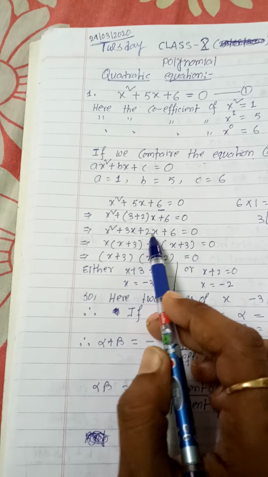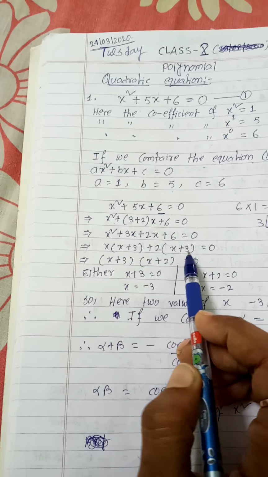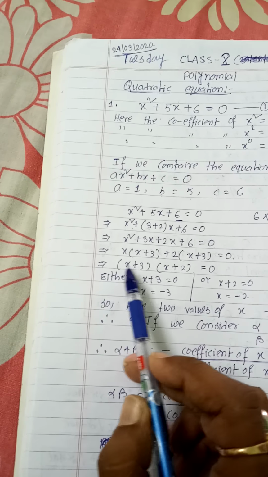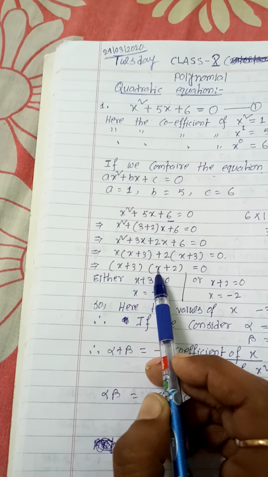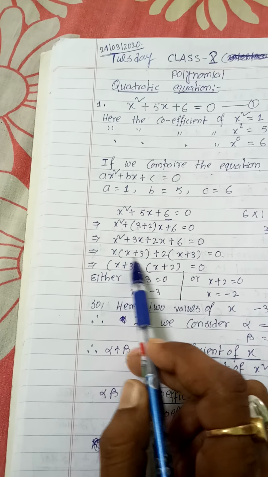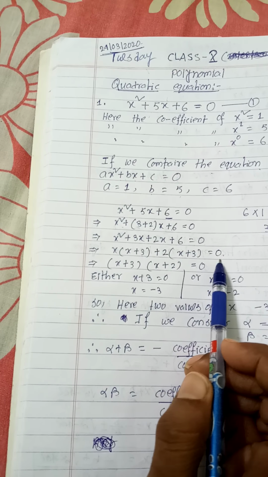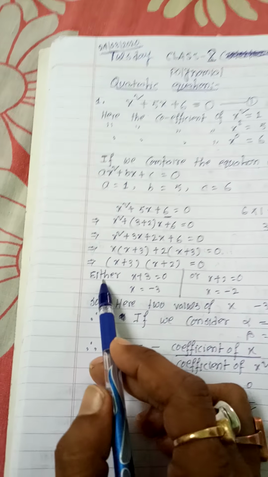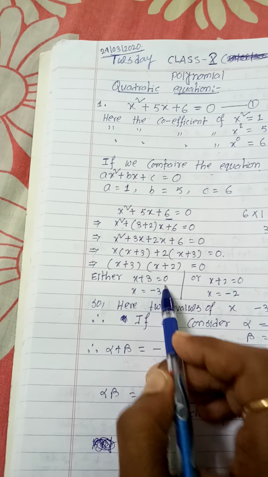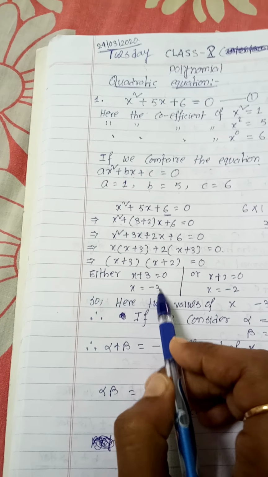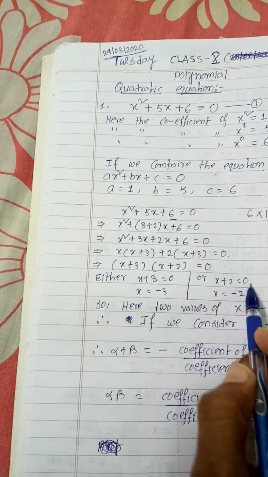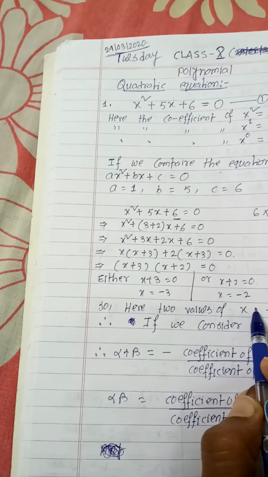Similarly from the next two you take 2 common, giving x plus 3 equal to 0. Now x plus 3 and x plus 2 equal to 0, so either x plus 3 equal to 0, so x equal to minus 3, or x plus 2 equal to 0, so x equal to minus 2.